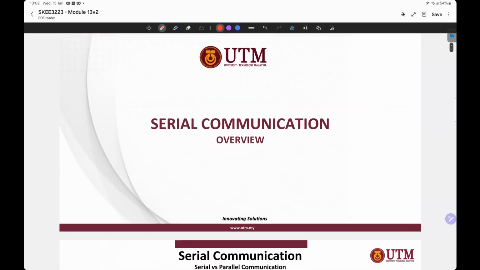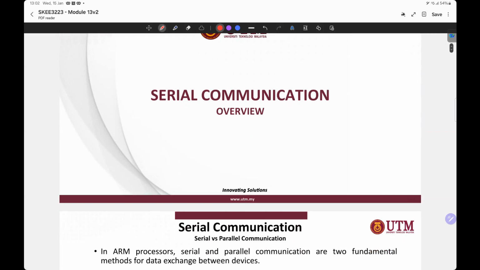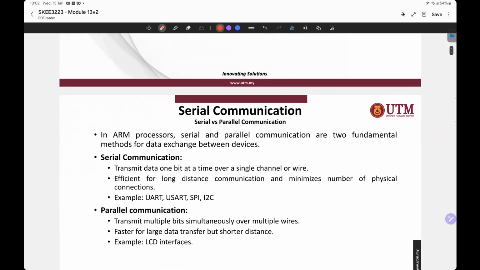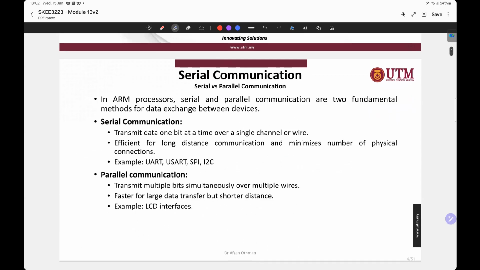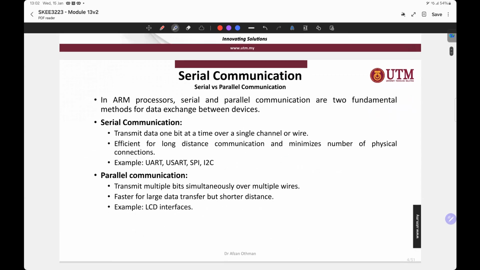Now let's look at the serial communication overview. What is serial communication? In an ARM processor, serial and parallel communication are two fundamental methods for data exchange between devices.